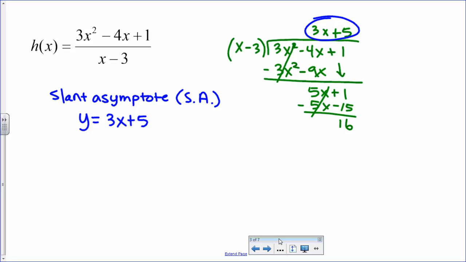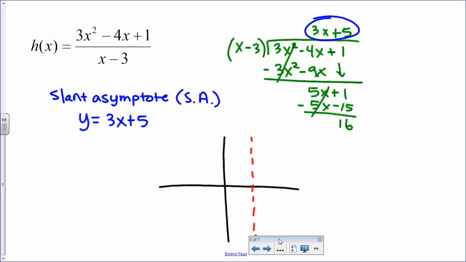So if you want to think about what that might look like on a graph, so these are just the asymptotes here. I know I have a vertical asymptote because at x equals 3, as long as that didn't cancel, and it doesn't. So x equals 3, I have a vertical asymptote.